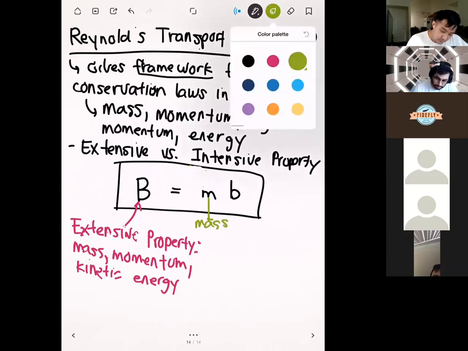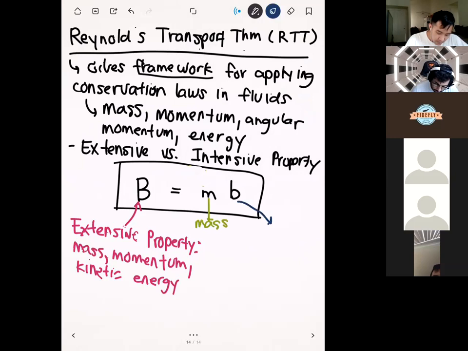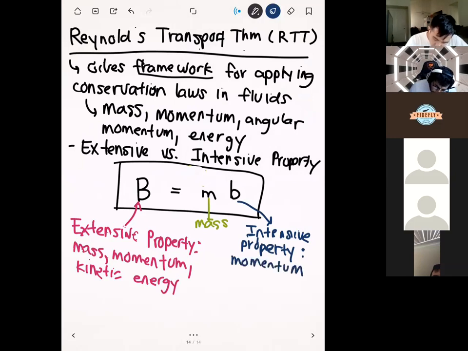And then this little b right here is the corresponding intensive property. Some examples of this would be momentum per unit mass, or energy per unit mass.